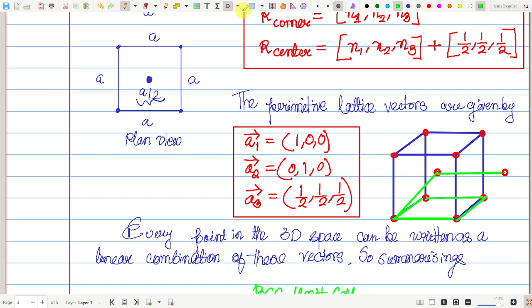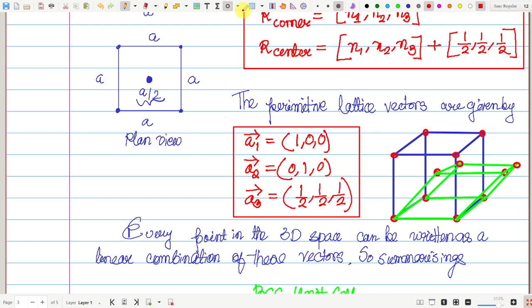So this will be another point. If you do the same thing with this, it will connect to another, and they will connect, they will connect. So it is this kind of a lattice vector on a unit cell basically.